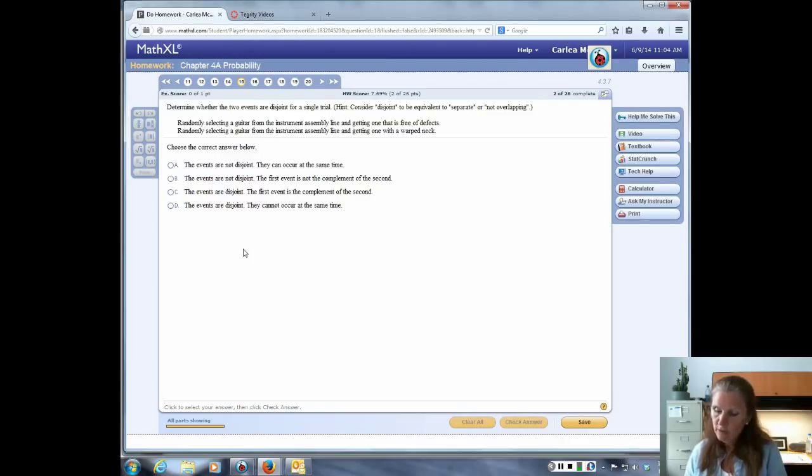We want to know if they can occur at the same time. You go and pick up a guitar and get one free of defects. At the same time, could you pick up a guitar and have one that's got a warped neck? No, because it can't be free of defects and warped at the same time. So these are disjoint. They cannot occur at the same time.